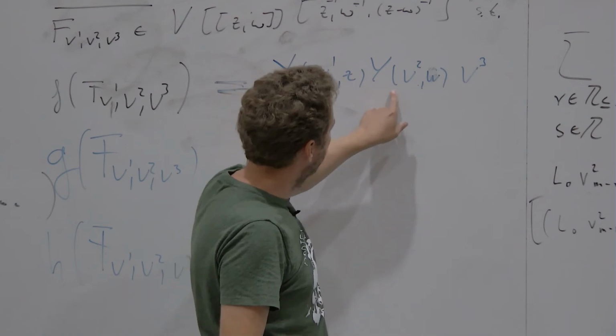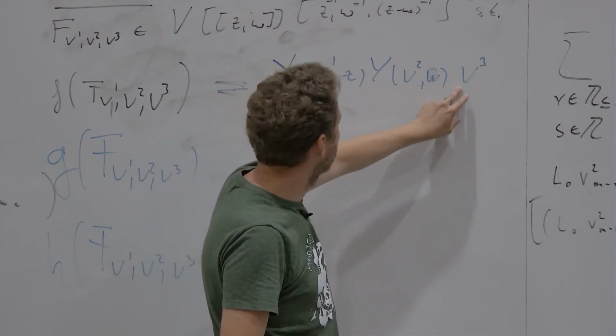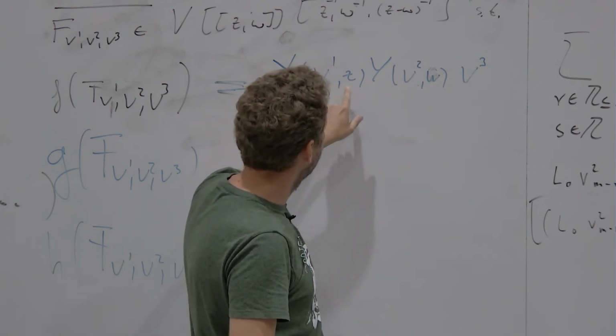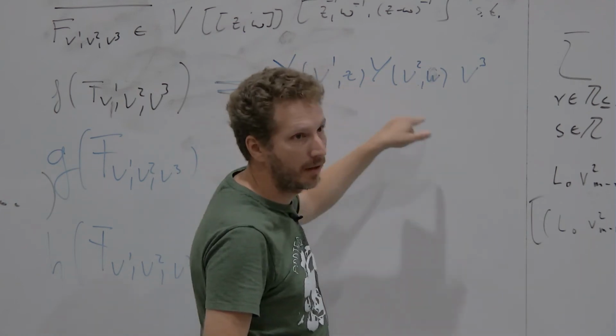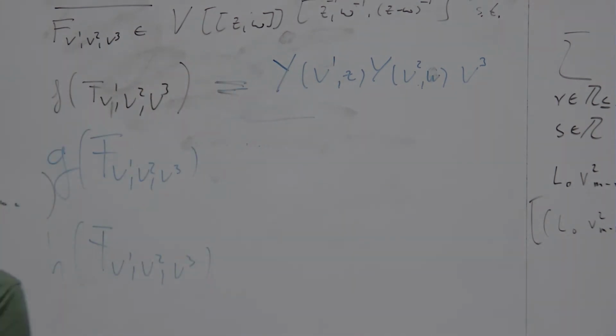If we act with a field on a vector, we get a Laurent series. So that's a Laurent series in V, and then we act on every coefficient with the next field, so every coefficient becomes a Laurent series again. So this means this expression is in the space of formal Laurent series in W, where the coefficients are Laurent series in Z.